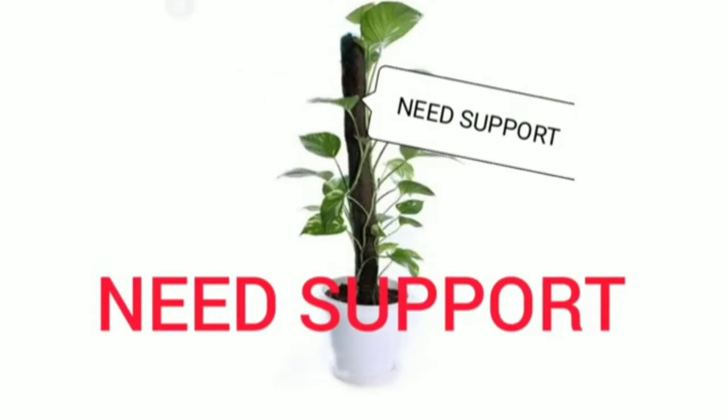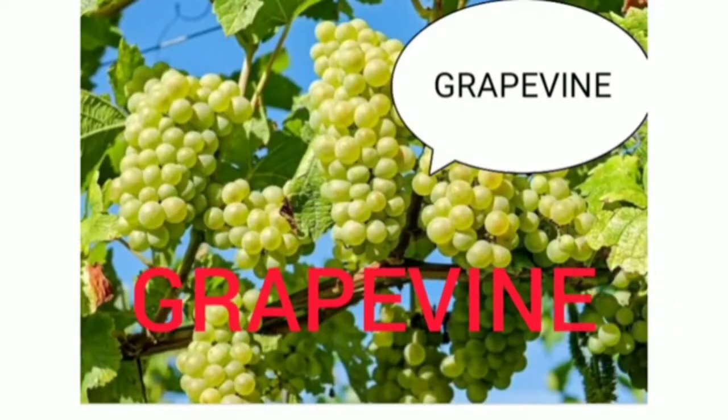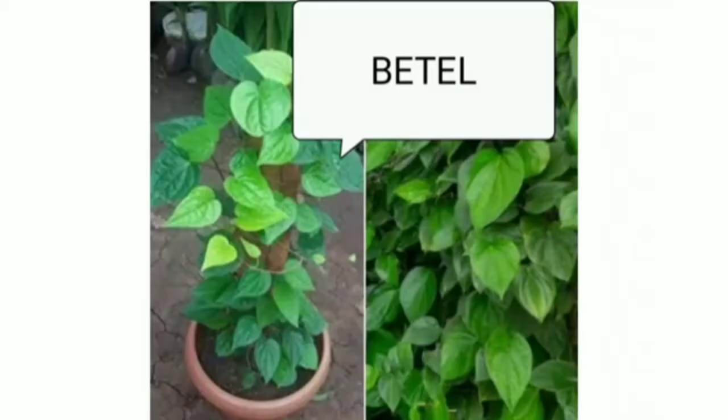grow straight. For example, grapevine, G-R-A-P-E, grape, V-I-N-E, vine, grapevine, bean, B-E-A-N, bean. Then betel, B-E-T-E-L, betel.